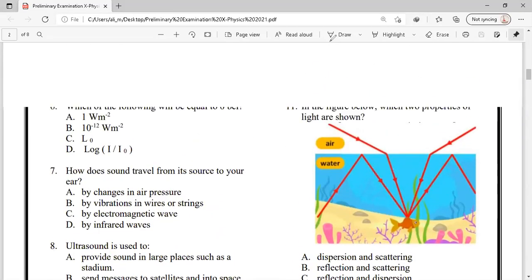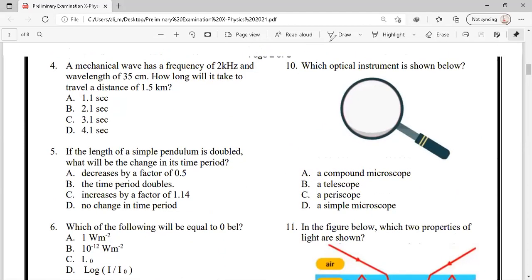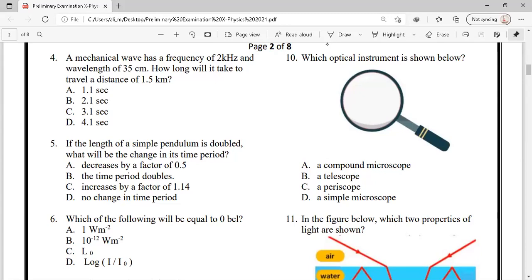Let's move to our question number 10. Which instrument is shown below? So we know that this is our simple magnifying glass. This magnifying glass is used to enlarge objects, and it consists of a single convex lens. Similarly, the compound microscope and telescope involve more than one lens, one is the objective lens and one is the eyepiece.